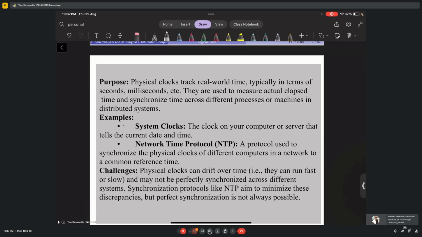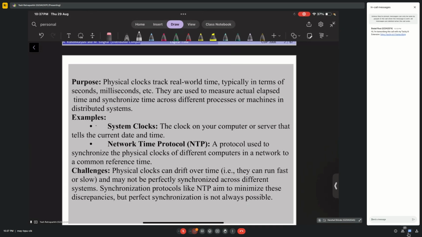Okay, so what is physical time and what was the issue with it, I'll describe in this slide. A physical clock tracks real-world time, typically in terms of seconds, milliseconds, etc. Very normal, something we deal with in everyday life. It is used to measure actual elapsed time and synchronize time across different processes or machines in a distributed system.